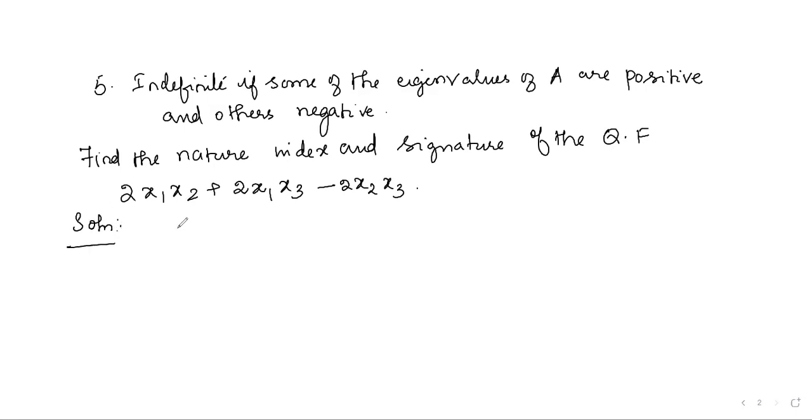So given that the quadratic form is 2x1x2 plus 2x1x3 minus 2x2x3.